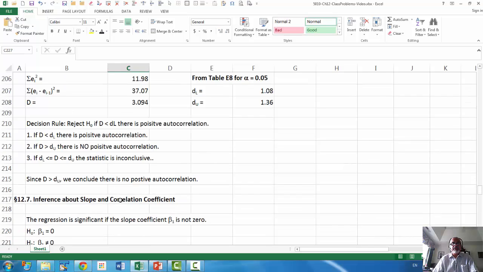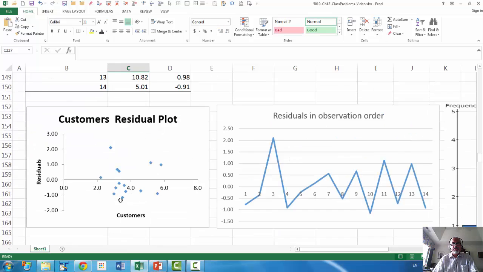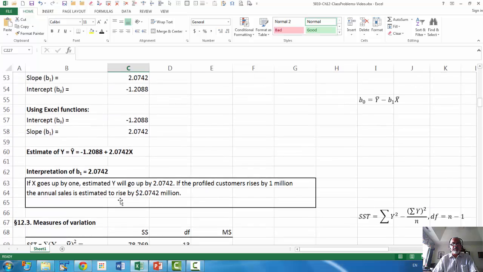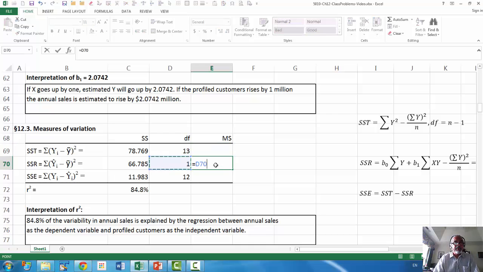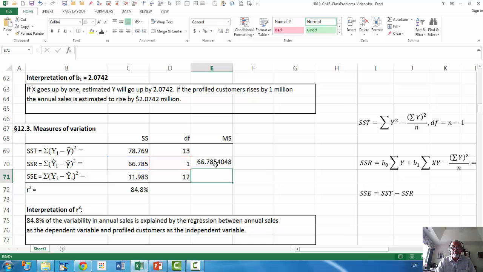For this we need to go back to the partially completed measures of variation table that we did. We left the MS part blank. For SST we won't have anything. If you take the sum of squares and divide by the degrees of freedom, we get what is called mean square.